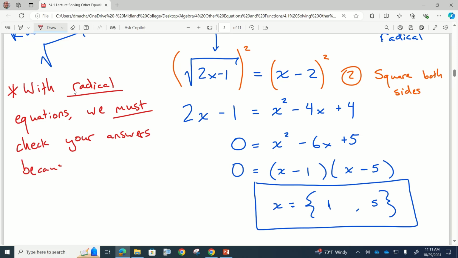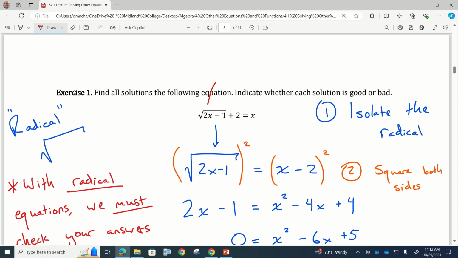Because sometimes you get good solutions, and sometimes you get bad solutions. And you would like to know if you found a bad solution. Now, checking your answers is pretty easy. Same thing as we've always done. You take the solution, x equals 1, and you plug it into the original equation.